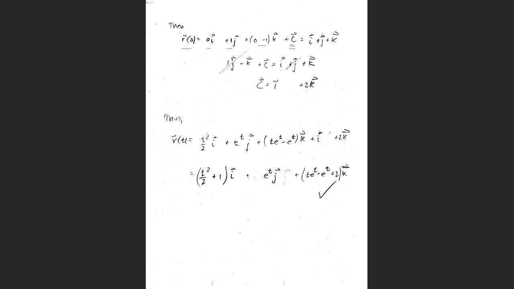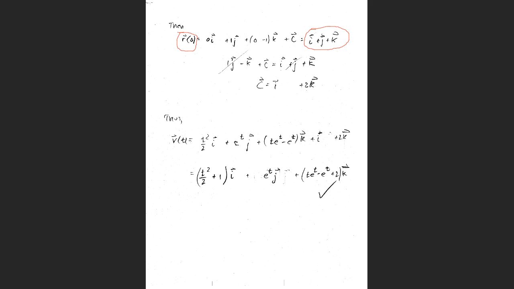Now wait, let me start again here. We were told in the beginning that at time equals 0, r of 0 equals i plus j plus k.